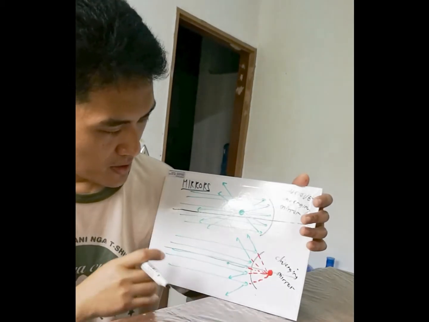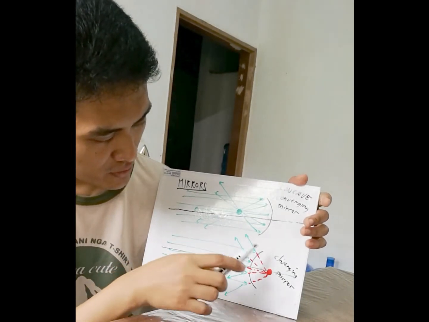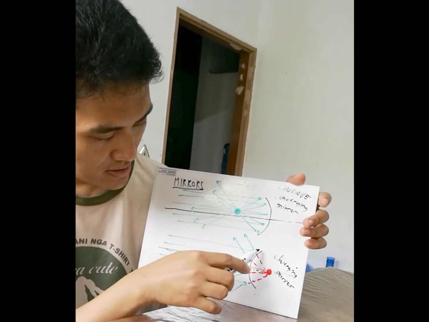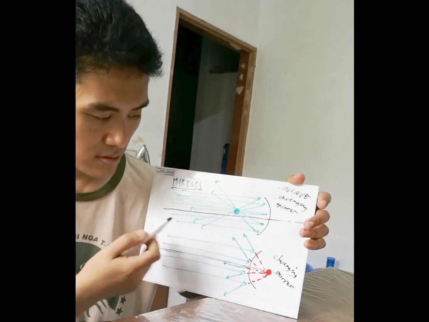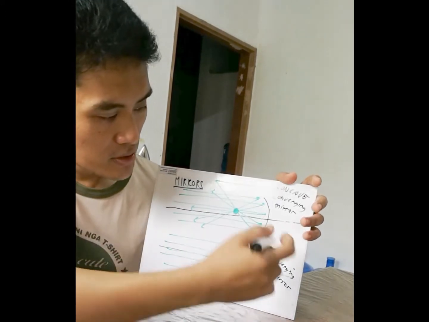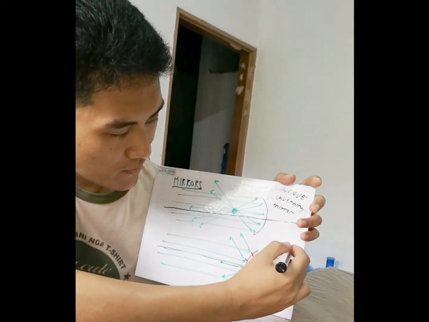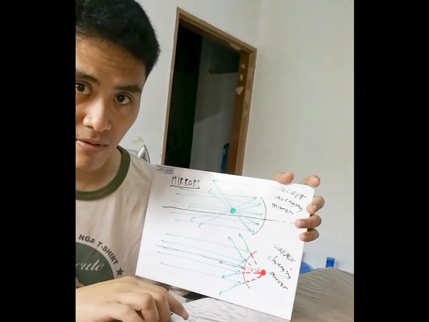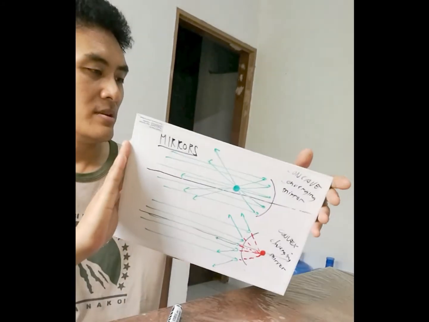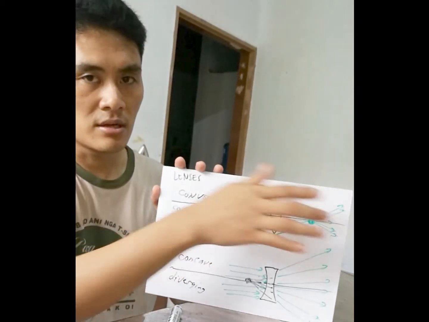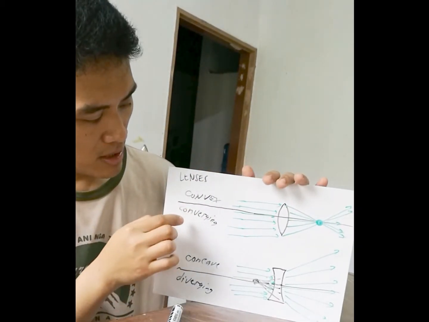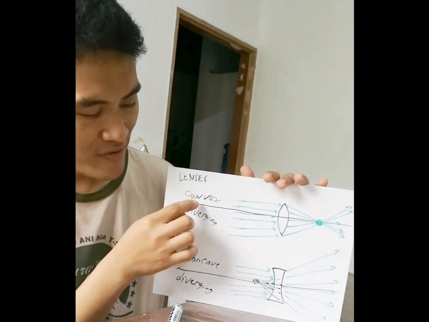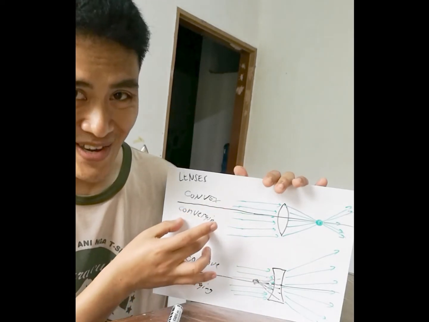And like so, here, the diverging mirror, if you notice, the reflecting side is bulging towards where the light rays are from. So this is called a convex mirror, right? Now, they kind of are opposite, because in a lens, the convex lens is converging.